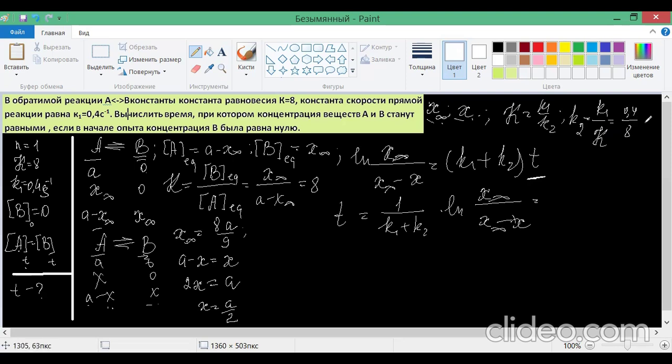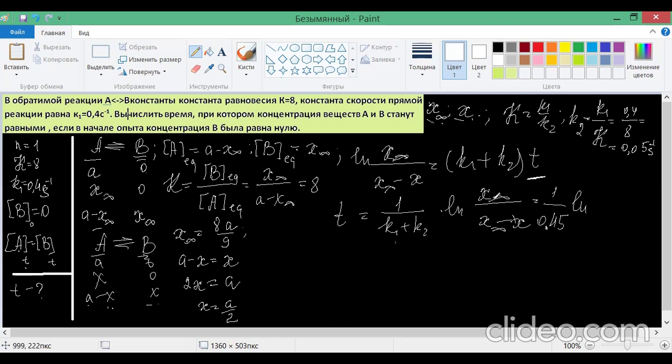If we divide by 8, we'll get 0.05. Okay, and it means that 0.4 plus 0.05 gives 0.45.